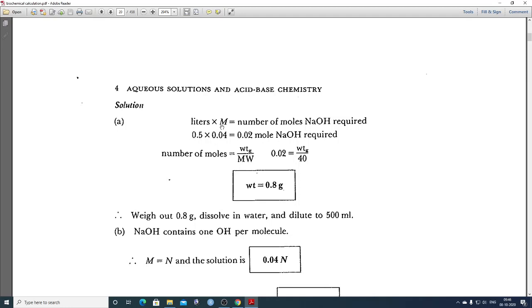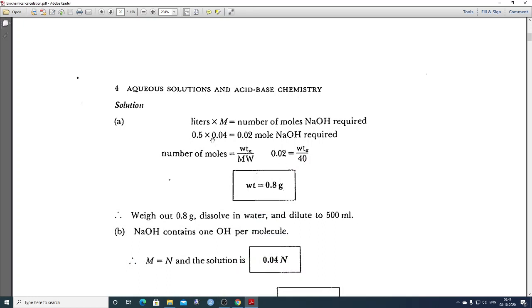Liters multiplied by molar is equal to number of moles of NaOH required. So this is the definition of molarity. Molarity is equal to number of moles of NaOH required divided by liter. So this liter we are taking on the left side, so here liter comes on the left side, 0.5 liter. 500 ml is 0.5 liter, and molarity required is 0.04.